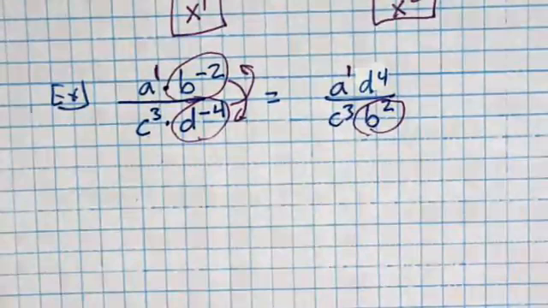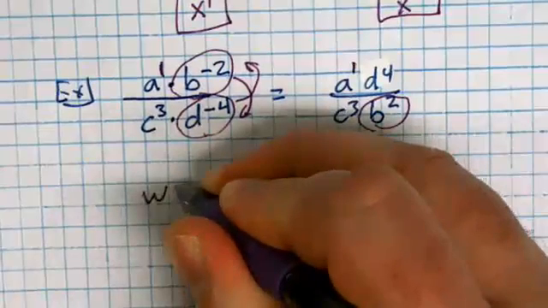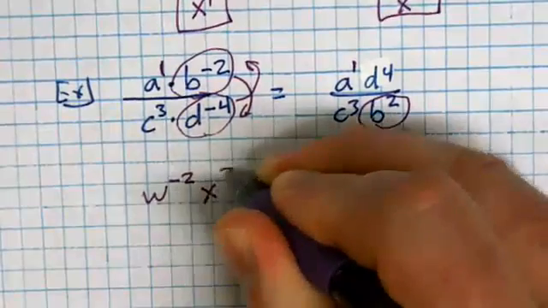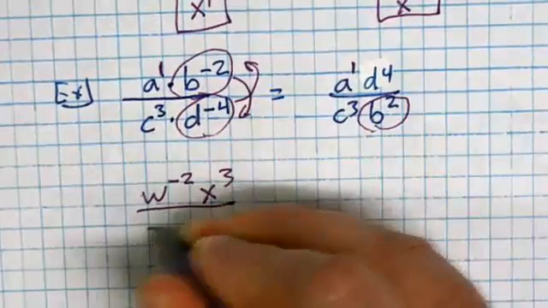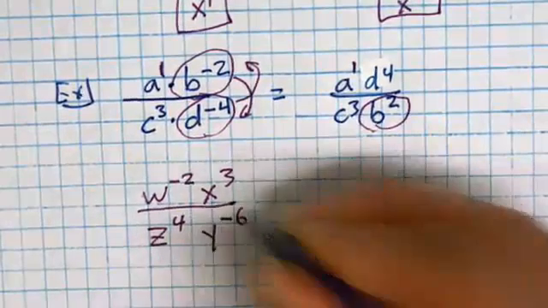I want you guys to try another example of this with me here, okay? I want everybody to write this down. W to the negative 2, x to the 3rd, over z to the 4th, y to the negative 6th.